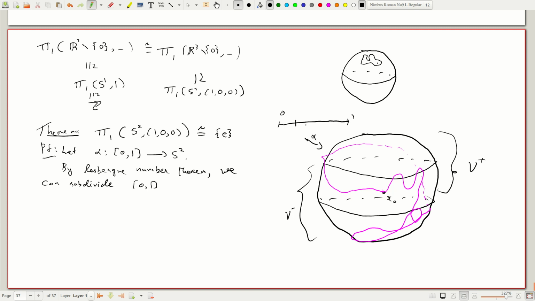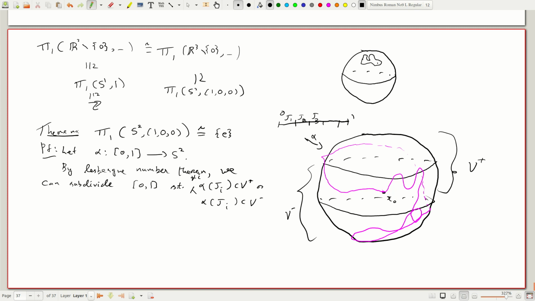I'll subdivide into intervals, and I'll just draw the pictures. I'll call them J1, J2, J3, etc. Subdivide 0, 1 such that alpha of Ji is contained in V plus, or alpha of Ji is contained in V minus, for all i.